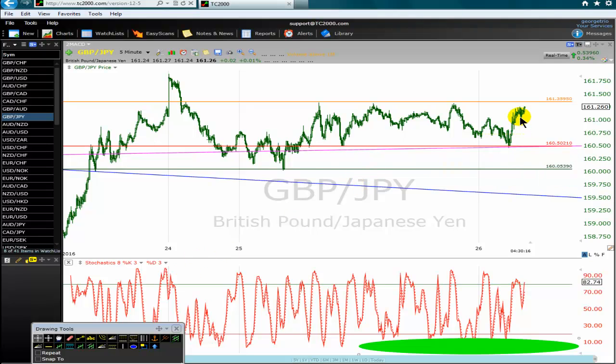If I want to buy it like this, I may say, oh, George, I want to buy now. Okay, control the risk. We want to pay attention now to the median line of our consolidation on the hourly chart. If you are buying now, remember, the British pound yen is a very volatile currency pair. Talking about the characteristic of the financial instrument that we are trading, this currency pair is not for children, not for new traders, not for gamblers.